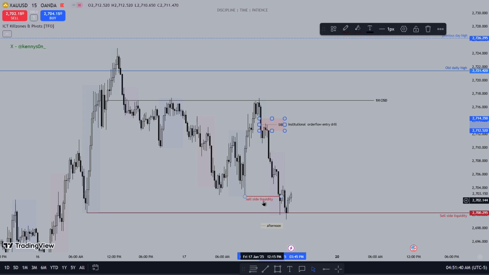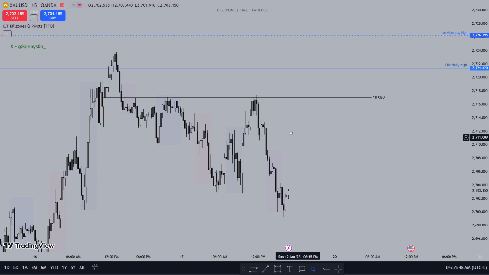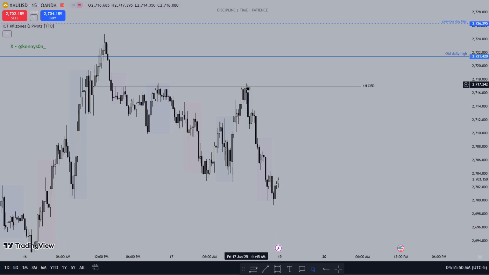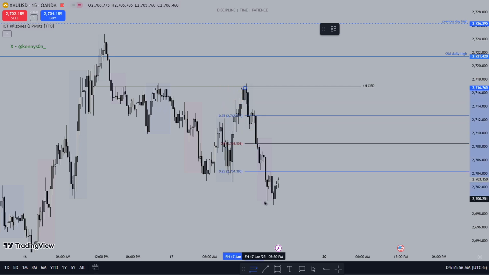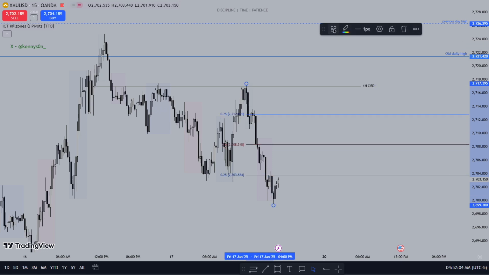If you look closely, take this expansion leg here to here, and then look for OTE.